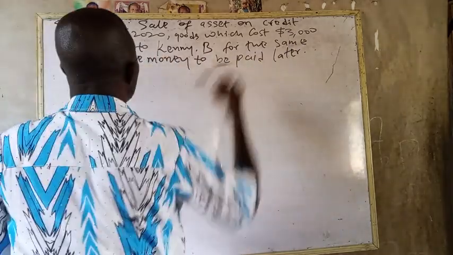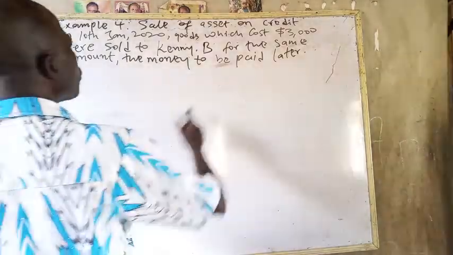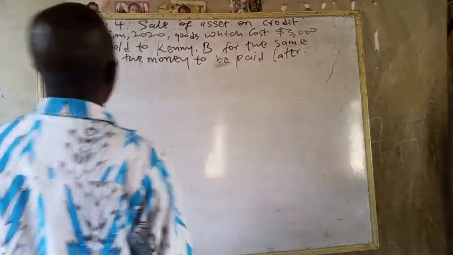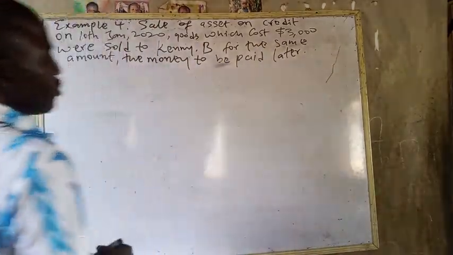Goods which cost $3,000 were sold to Kelly B for $3,000. The money to be paid later.